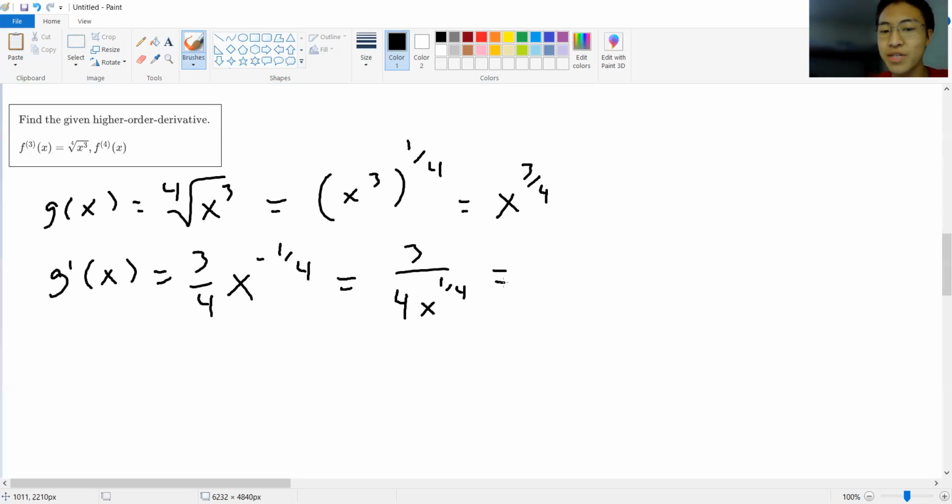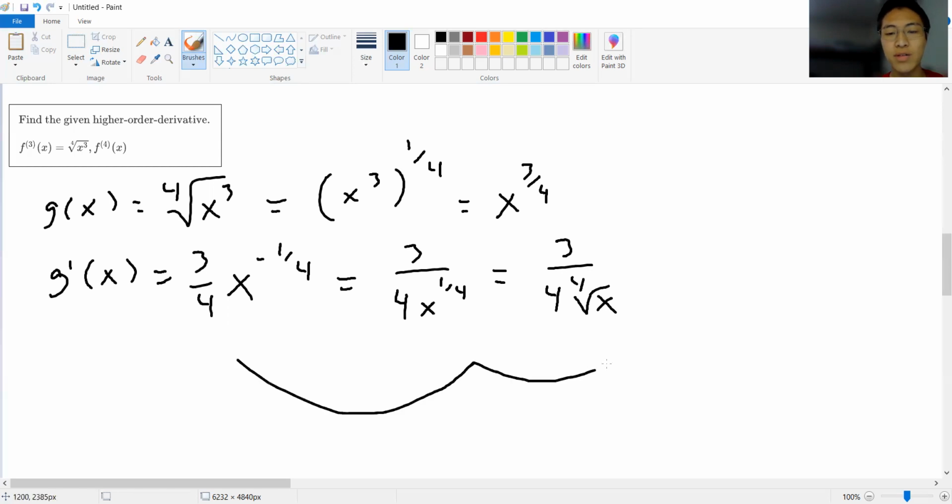Well, remember, you can always convert this back to a radical. You can always go back and say this is 3/4 times the fourth root of x. So be comfortable going back and forth between all the different ways you notate these things. They're all equally valid. Don't think it's a matter of being more or less correct.